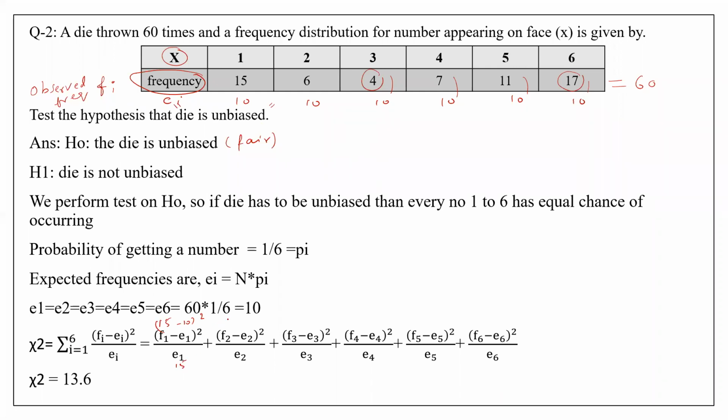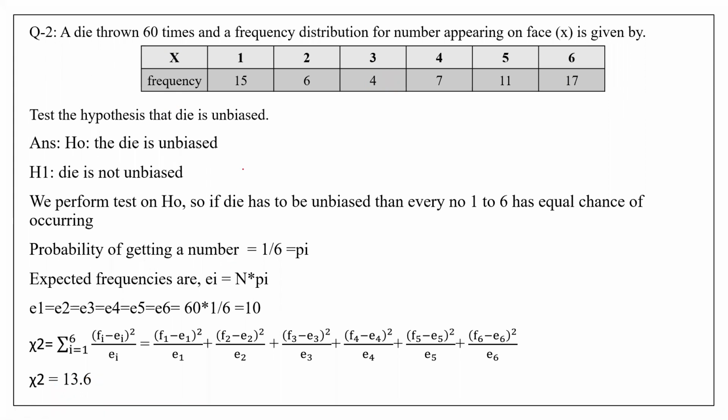Next will be 6 minus 10, because F2 is 6 and E2 is 10, whole square by 10. Then F3 will be 4 minus 10 whole square, also divided by 10, and so on. When you calculate all this, we have got the chi-square value as 13.6.